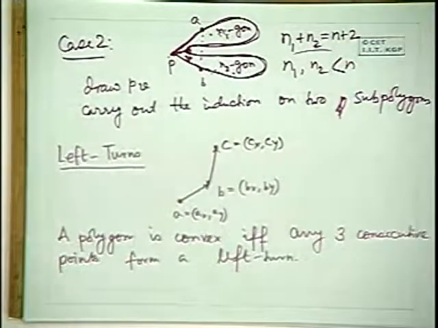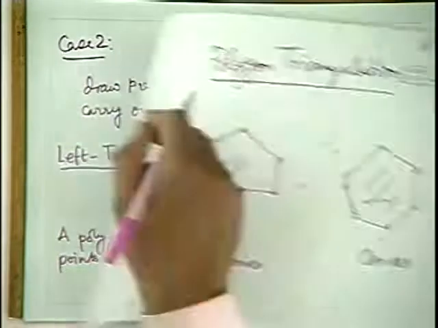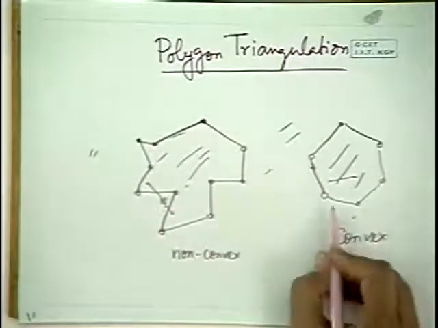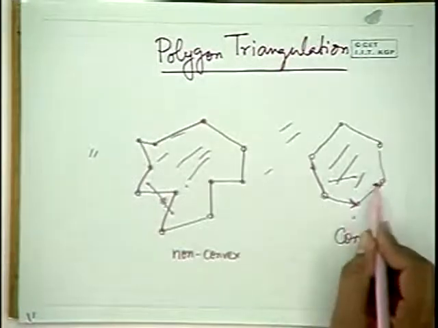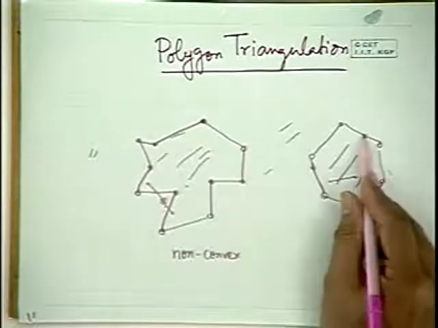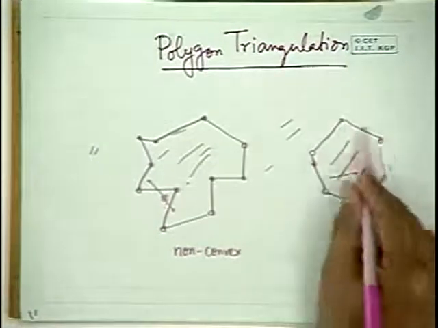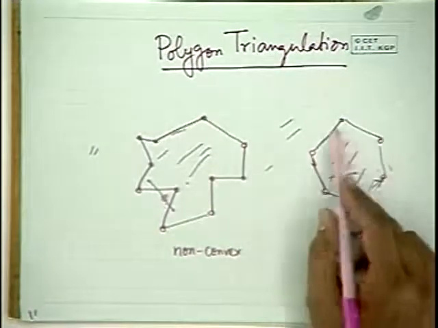So for a convex polygon here, if you take any 3, these 3, they form a left turn. Take these 3, they form a left turn. Take these 3, they form a left turn. Any 3 consecutive ones will form a left turn.